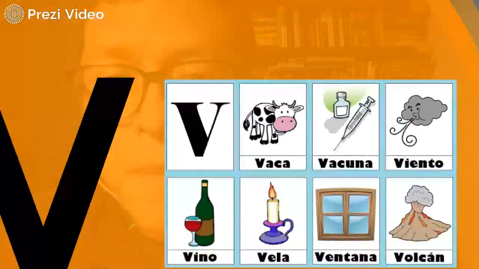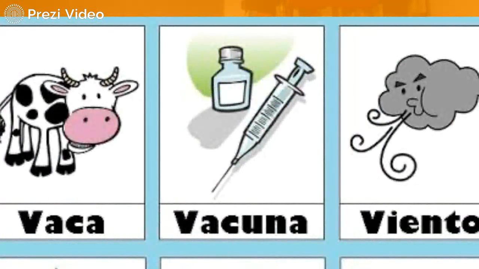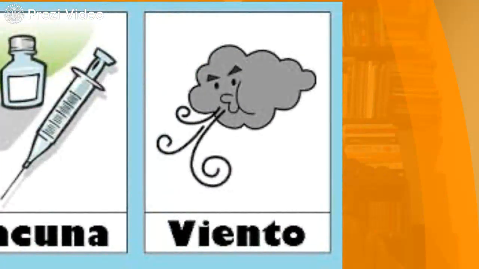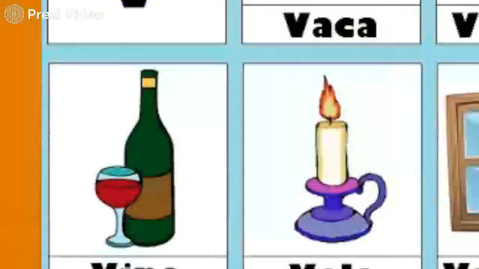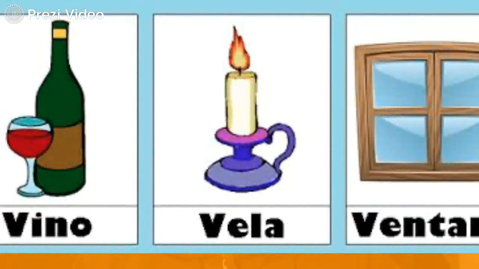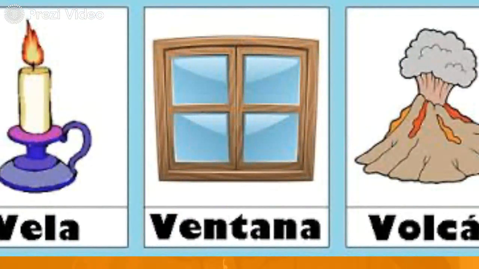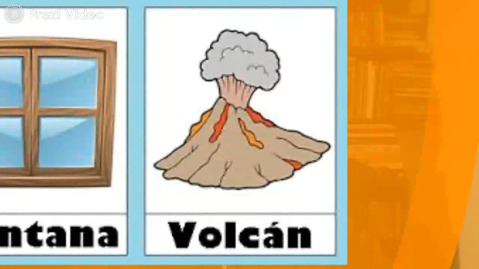So we say vaca, vacuna, viento, vino, vela, ventana, volcán.